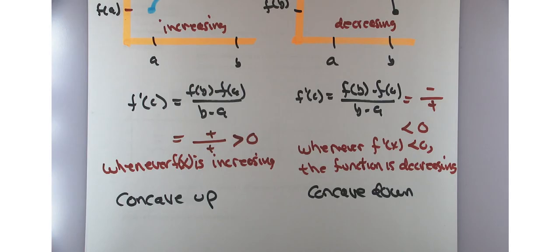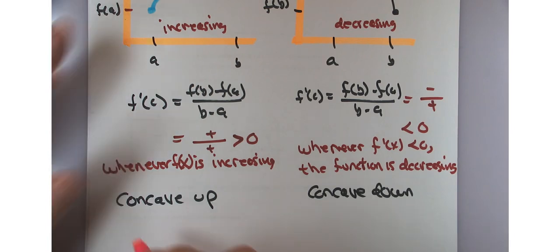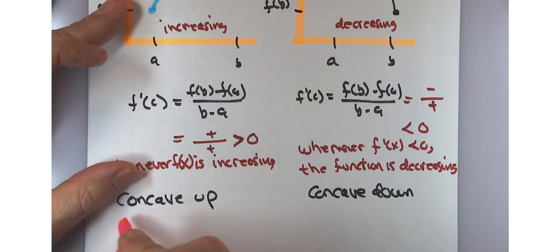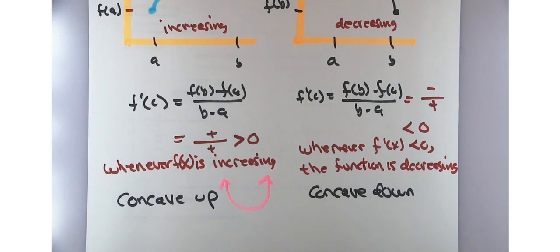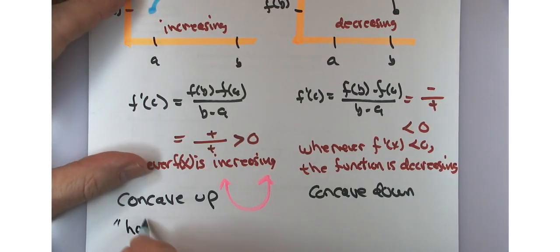Now, a couple of the things that we're going to add into this mix are the concavity. And that's going to be a little bit more of a nuance in terms of the shape of the function. Concave up is a function that looks like this. That's kind of a concave up shape. Roughly speaking, concave up holds water.